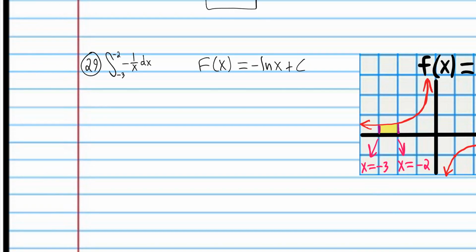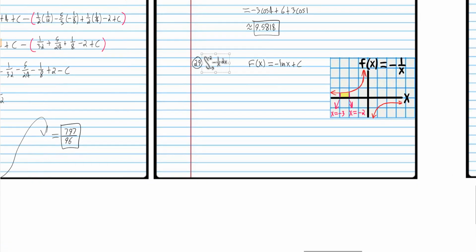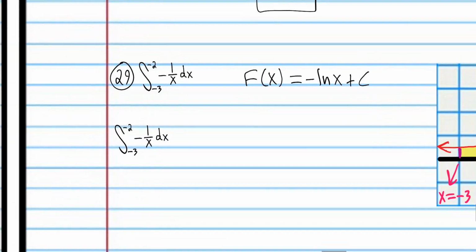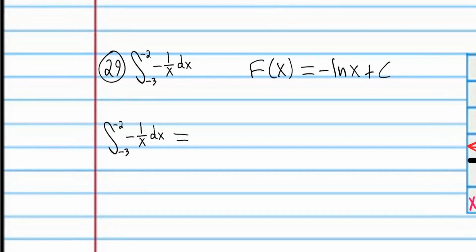And so I'm going to copy this. We don't really need to copy it. But I wrote the antiderivative there, so I don't want to erase that. So we have negative natural log x, but we're not going to write the c value.